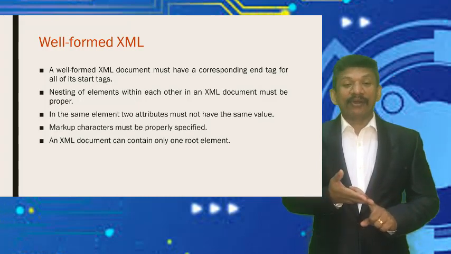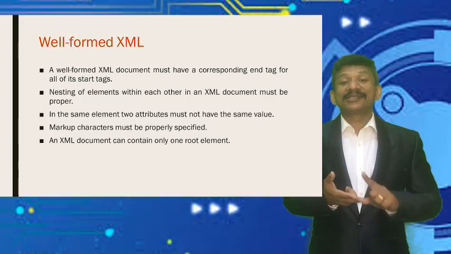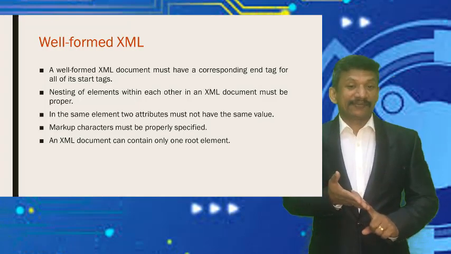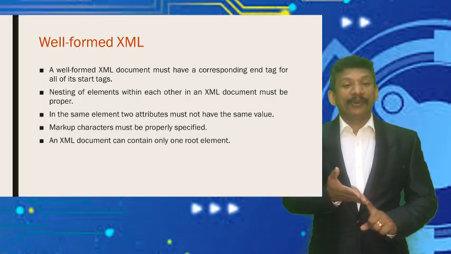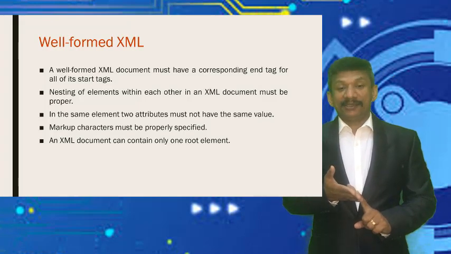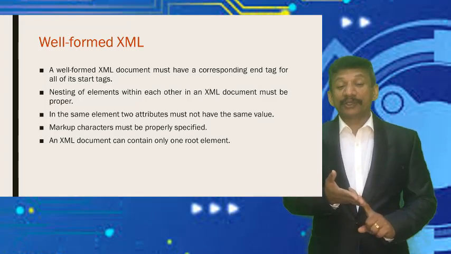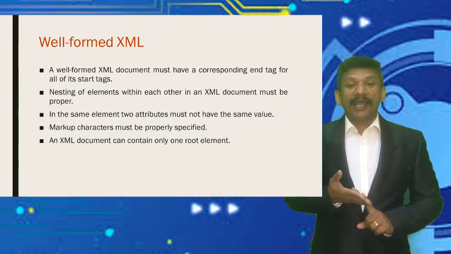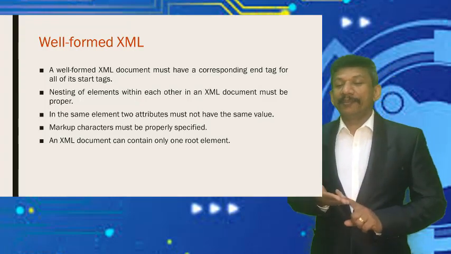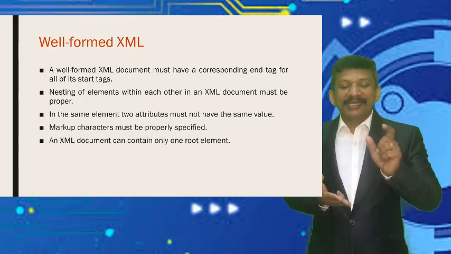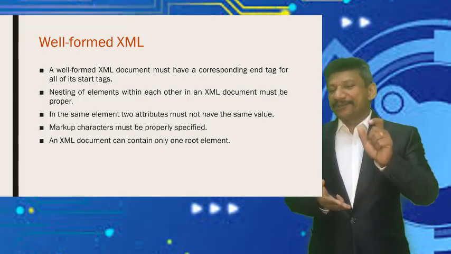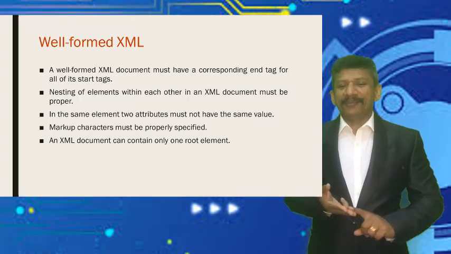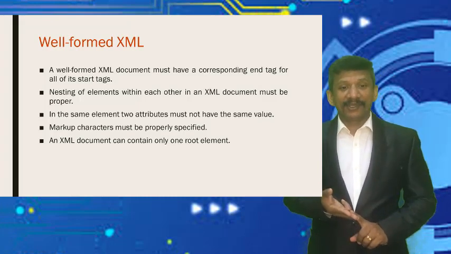Nesting is allowed, whereas overlapping is dangerous. If you overlap, your XML will not be parsed. Your parser will throw an error. It is not ignored. And if you plan to have attributes inside an element, you cannot have 2 attributes with the same name.